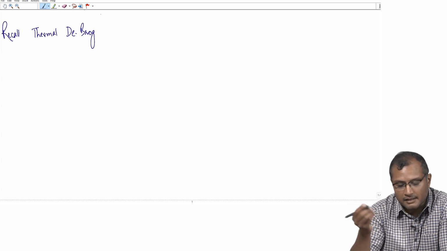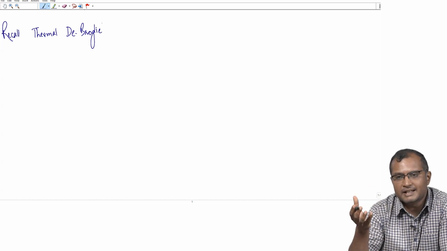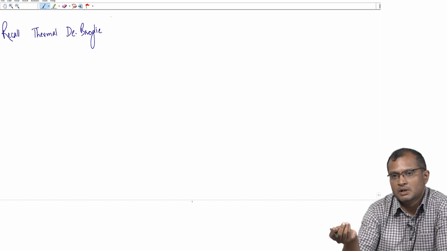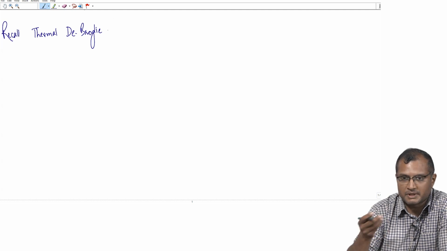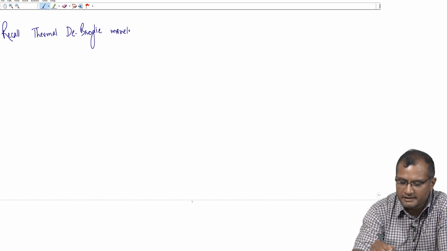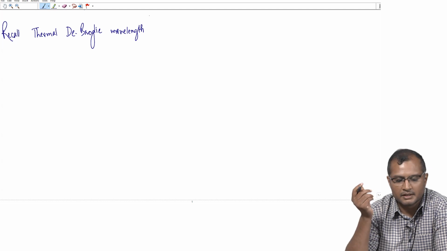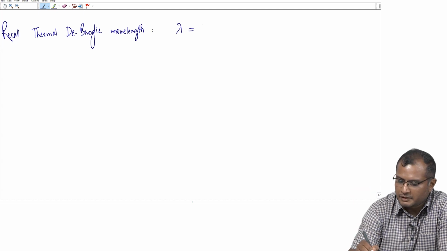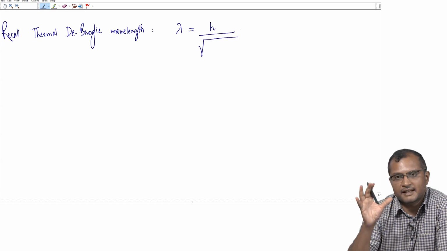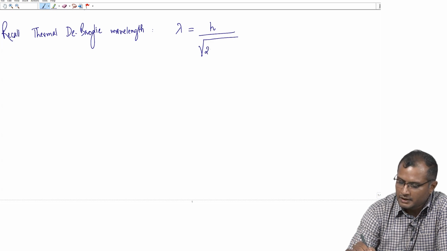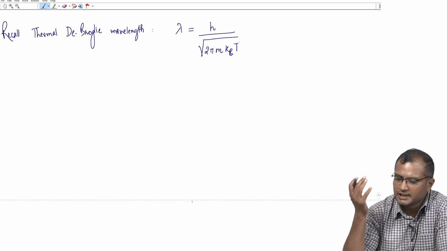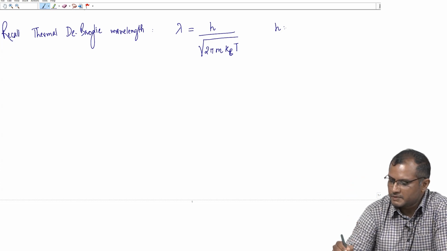I am calling it a thermal length scale because it is associated with the temperature of the system, and depending upon how high or how low the temperature is, the length scale will vary. You can call it de Broglie wavelength or de Broglie length scale, whatever comes to your mind. That is not necessary, but its form was, we had discovered that this length scale is the Planck's constant h over the square root of 2 pi m kBT, where kB is the Boltzmann constant and T is the temperature of your system, h being the Planck's constant.